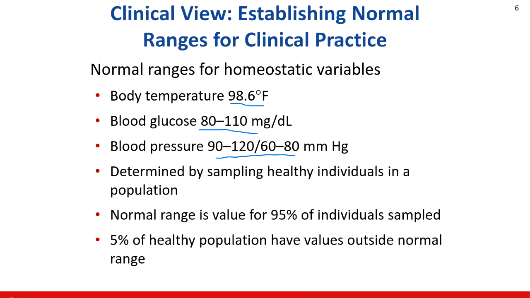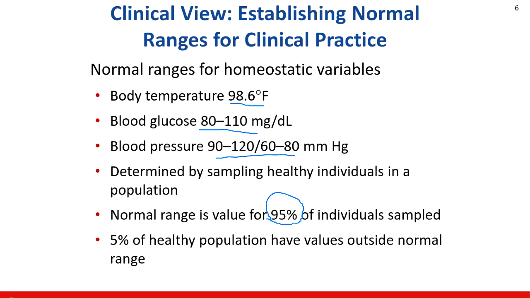So you take these healthy people, you take all that data from them, what their blood pressures are, what their blood glucose, their body temperature, the normal amount of sodium in their blood, the normal amount of potassium, whatever. And we put all this data together and we get this normal range. So we get that, and that makes up pretty much 95% of those individuals will determine what the normal are. Okay.